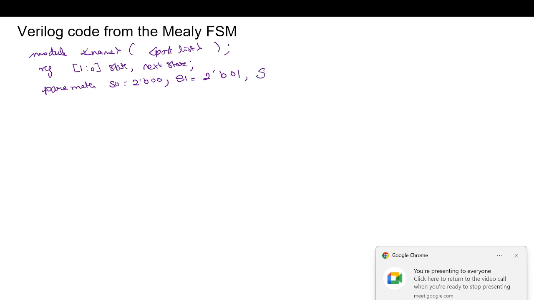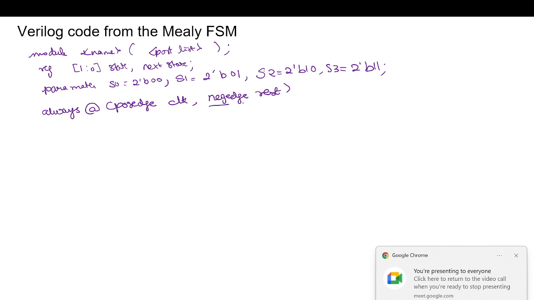And then S2 will be 1, 0. S3 will be 1, 1. Actually, guys, at the always block, the negative edge of reset. So this is negative edge.